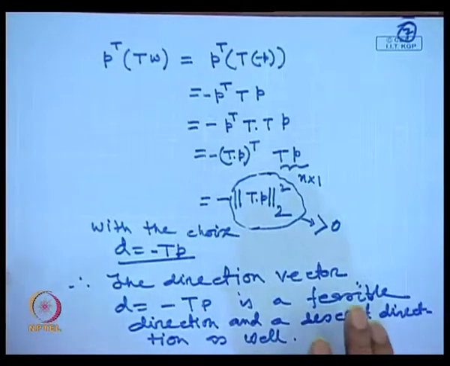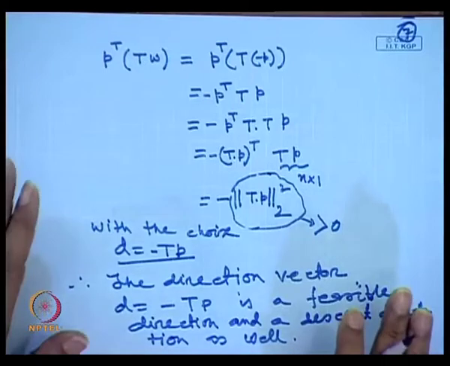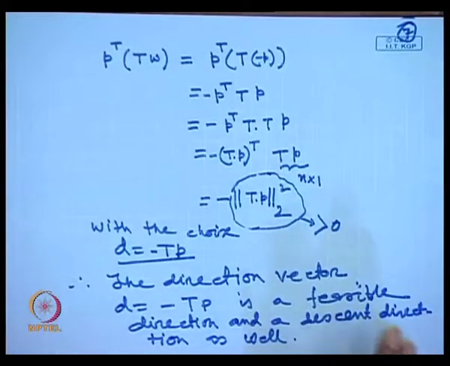So, in short, that means if the original problem is given, if it is off-centered, you transform this into a new coordinate axis by selecting the scaling matrix.